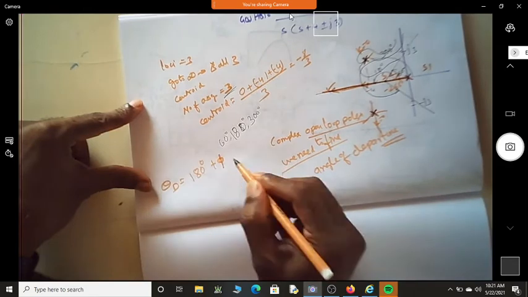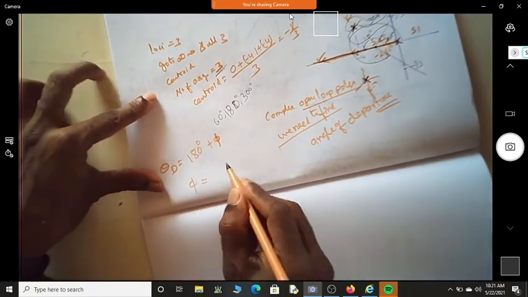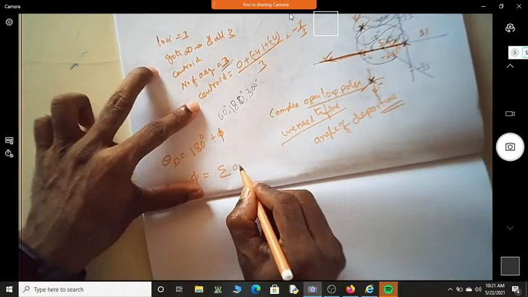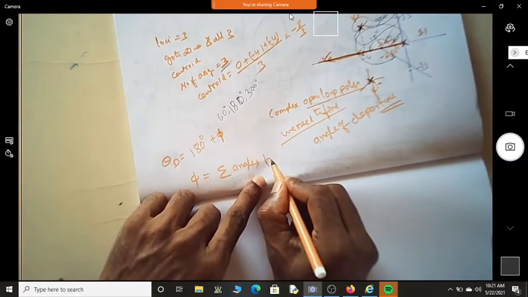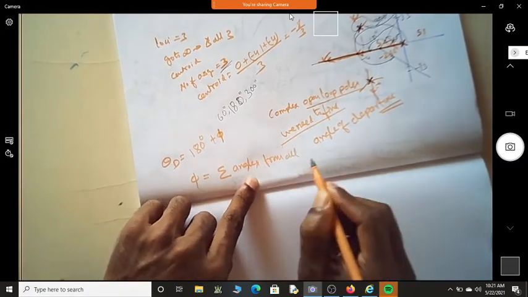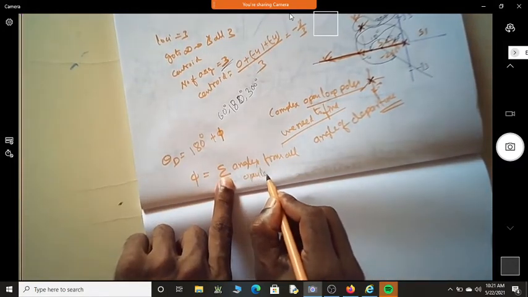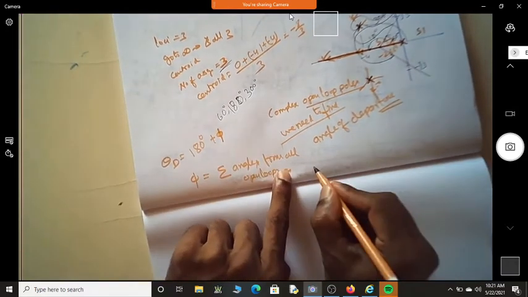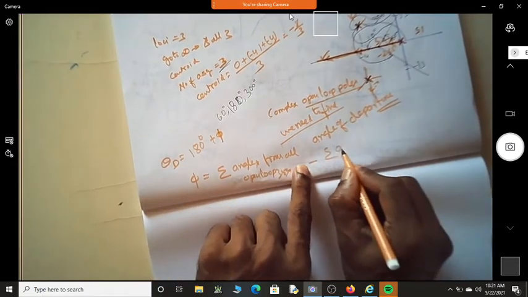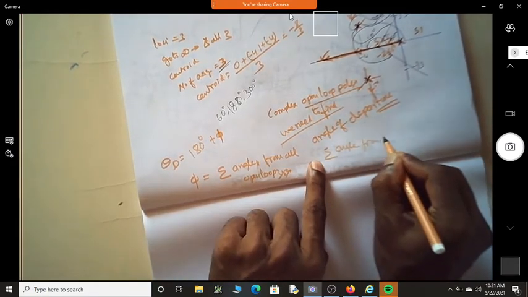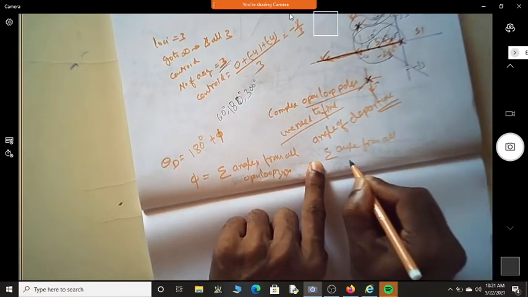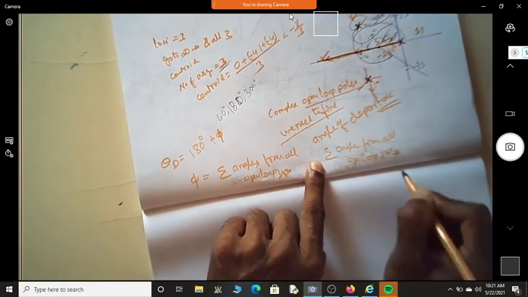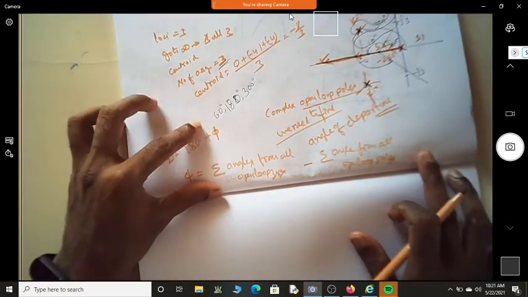This phi is nothing but the summation of angles from all open loop zeros minus the summation of angles from all open loop poles, because we have only open loop poles and zeros.